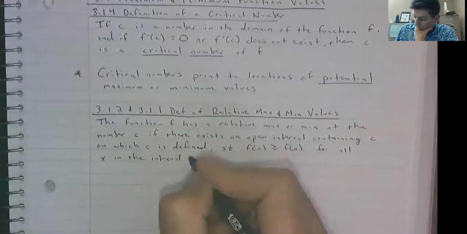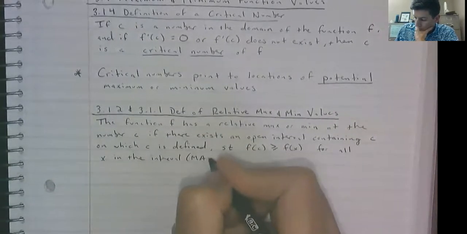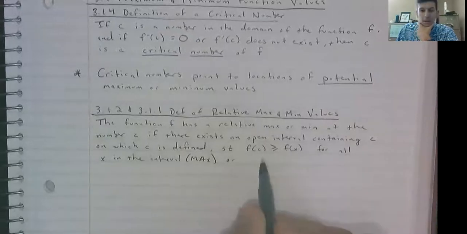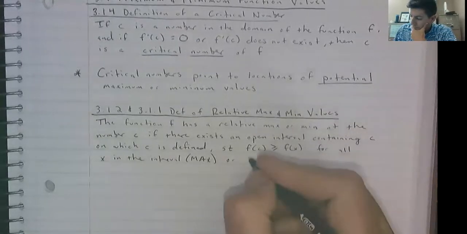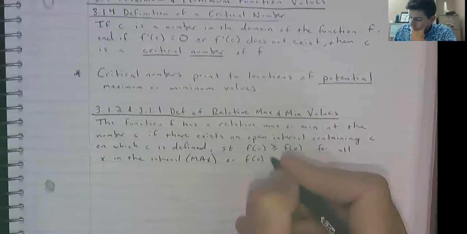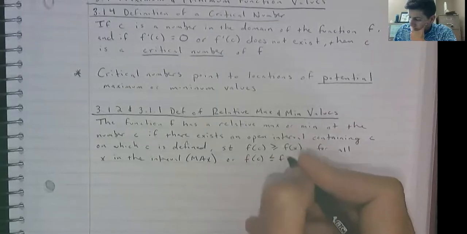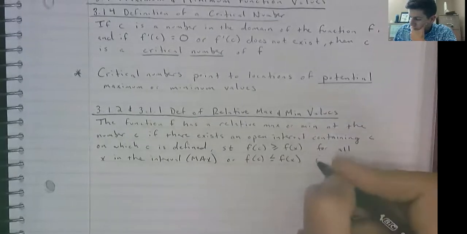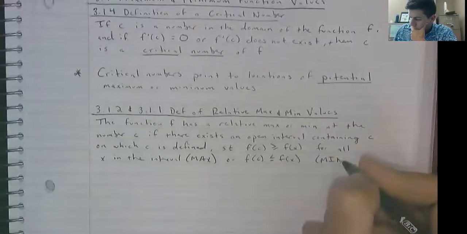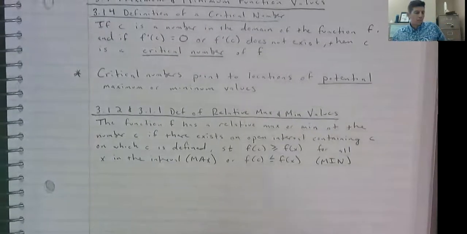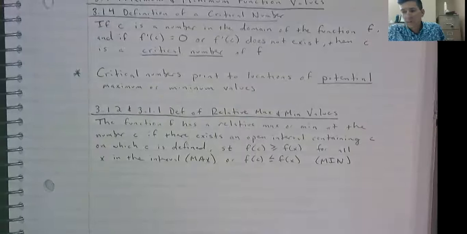And that, of course, would be for the max, or the opposite, if f of c is less than or equal to f of x, that would be for the min.